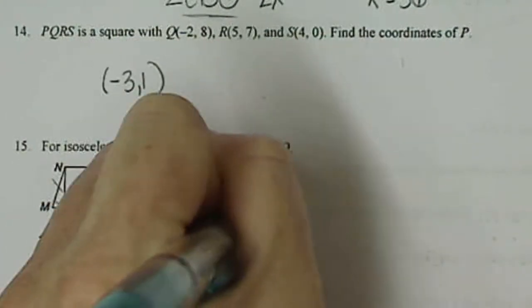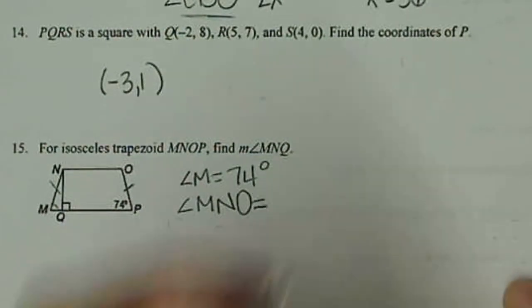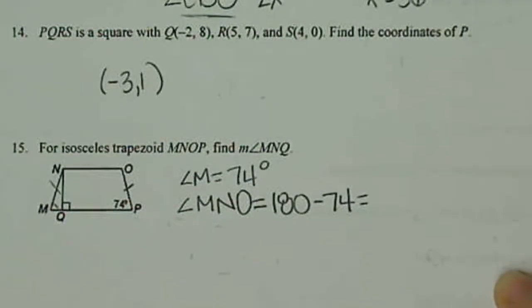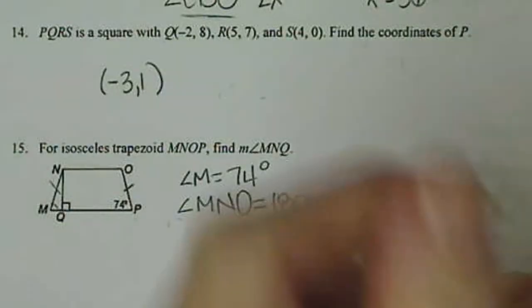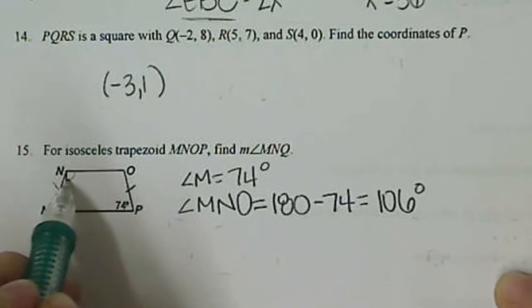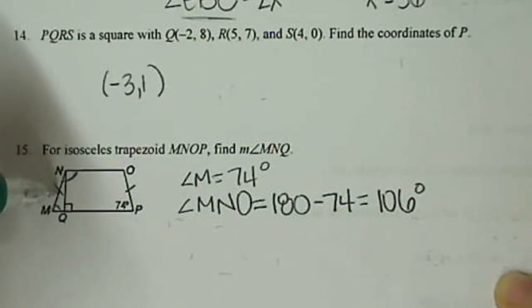So angle MNO is supplementary. That means 180 minus 74, which is 106.